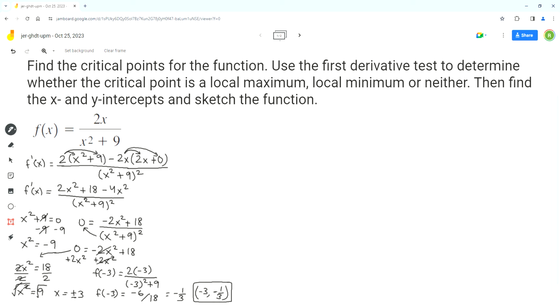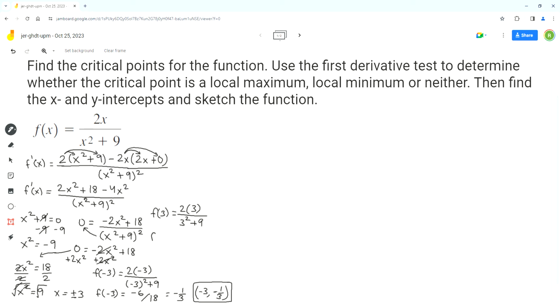Now we can find the second critical point. So we'll sub in the second critical number x as 3 in the given function. So we get f at 3 equals 2 times 3 over 3 squared plus 9.